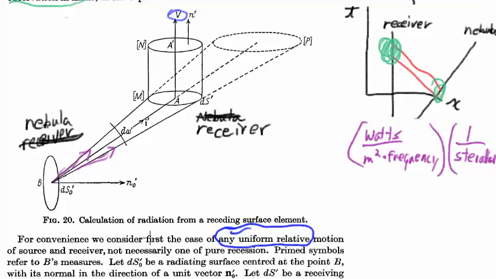For convenience, we consider first the case of any uniform relative motion of source and receiver, not necessarily one of pure recession. Primed symbols refer to B's measures.